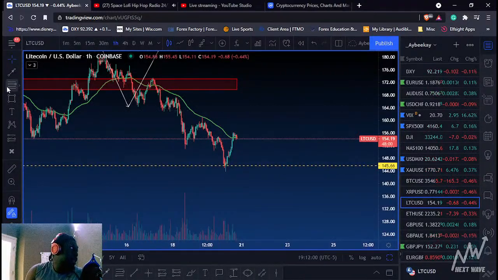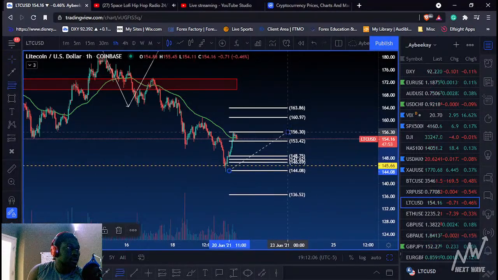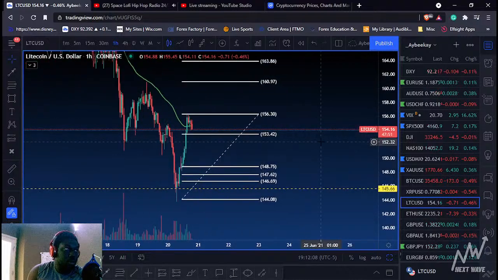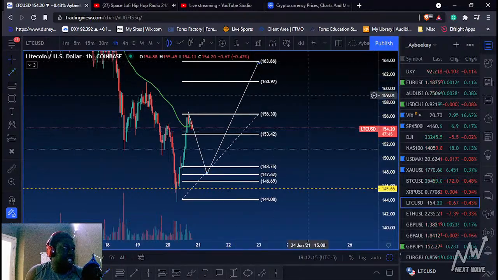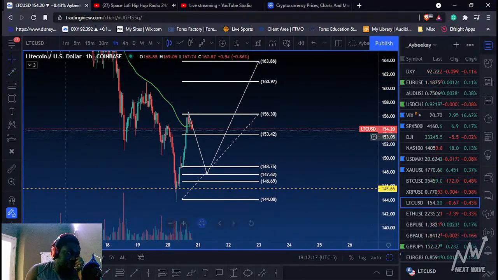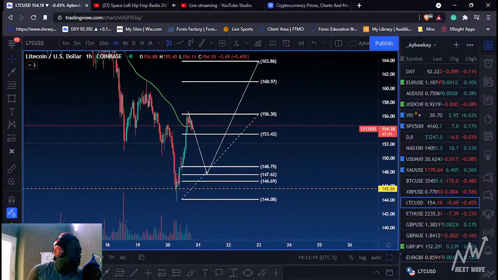I didn't play it either, but I wasn't really concentrated on that. I want to see price redo the retracement, digital dash. So 147 is where I'm looking to get my buy on.